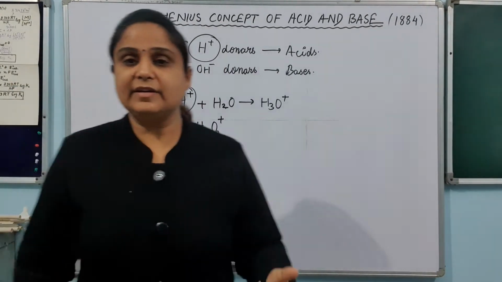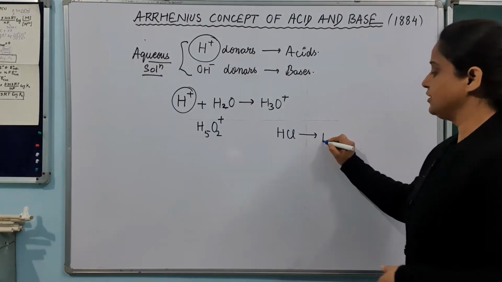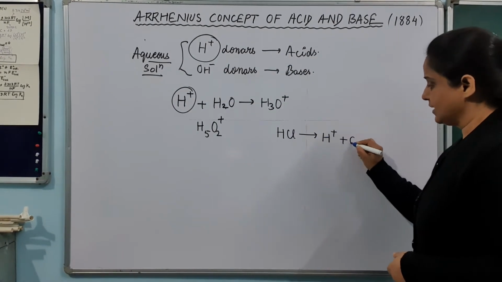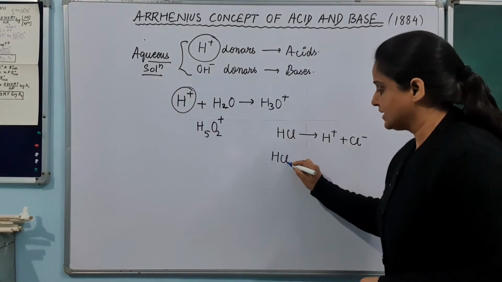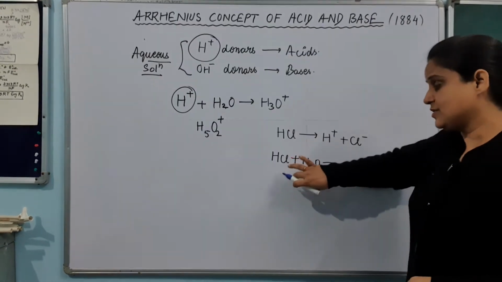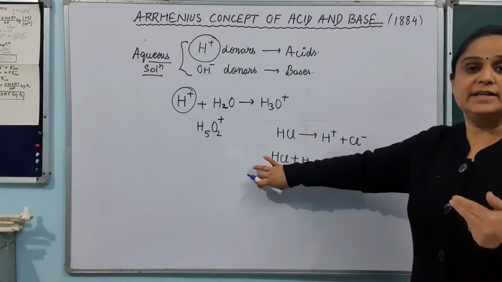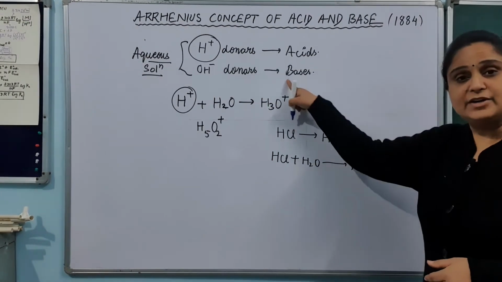When we write acid dissociation, if it is HCl, we usually write it as H plus ion and Cl minus ion. But actually HCl is reacting with water. In the presence of water only, HCl releases its H plus ion, but the H plus ion exists in the form of hydronium.